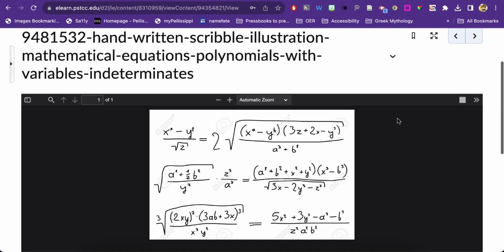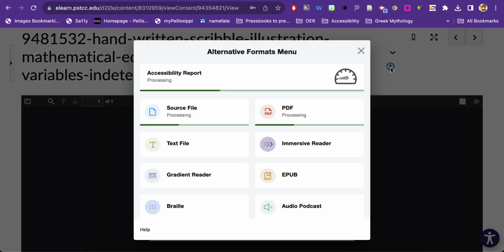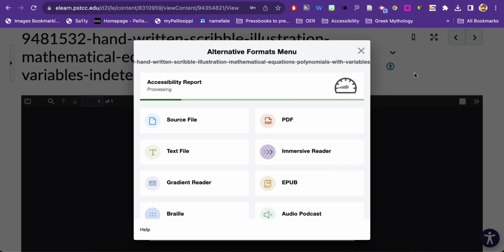Now let's give it a second for Panorama to load. I have my alternative formats symbol here. It's going to take a second to process, but I'm pretty sure this is a very inaccessible PDF, being that it's basically just an image.